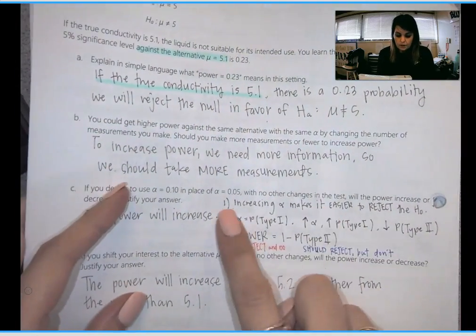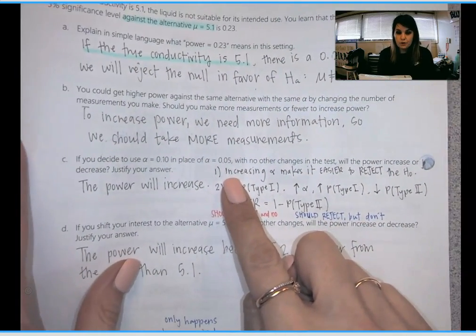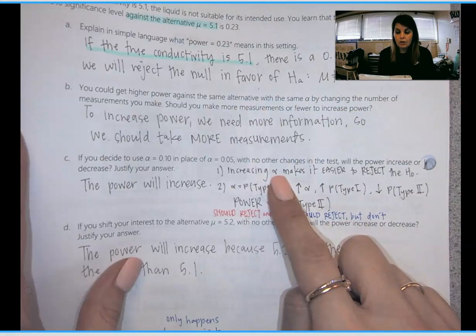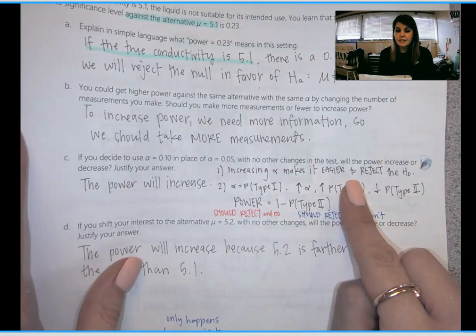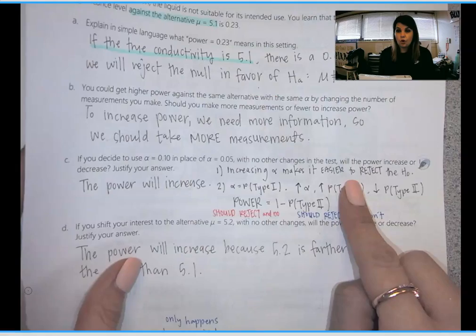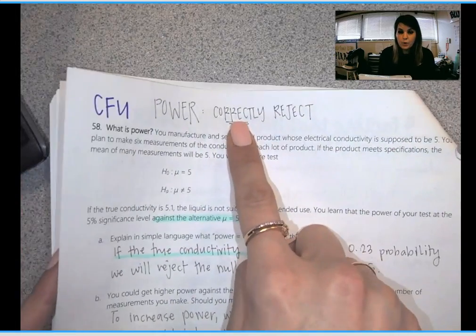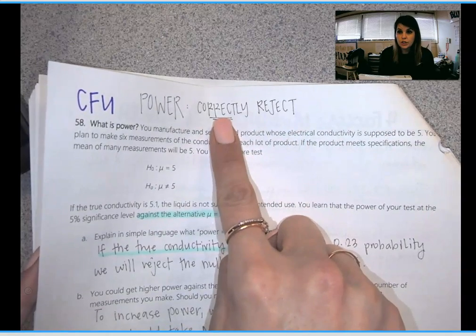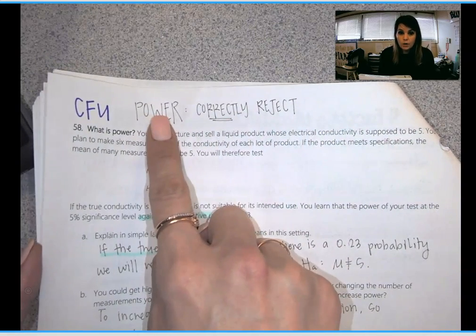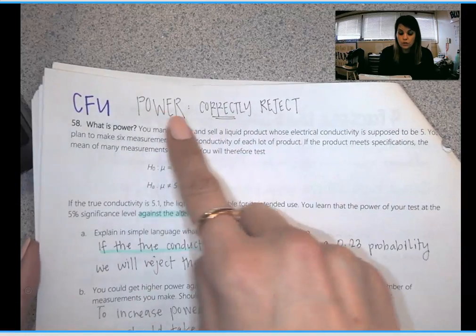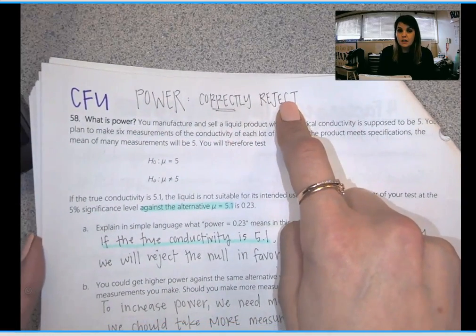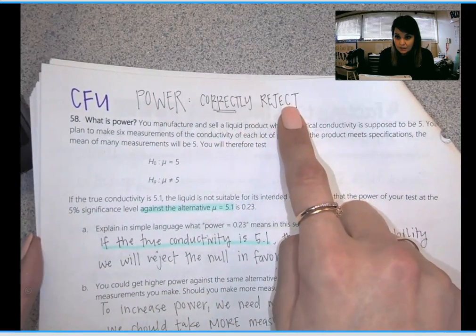Okay, so right here I wrote that first point. Increasing alpha makes it easier to reject the null. How is that related to power? Because power is when you correctly reject. So power is related to the circumstance of rejecting.